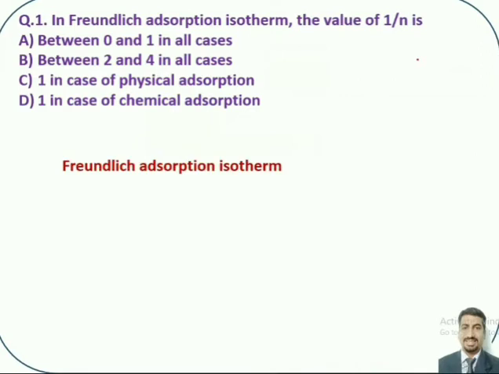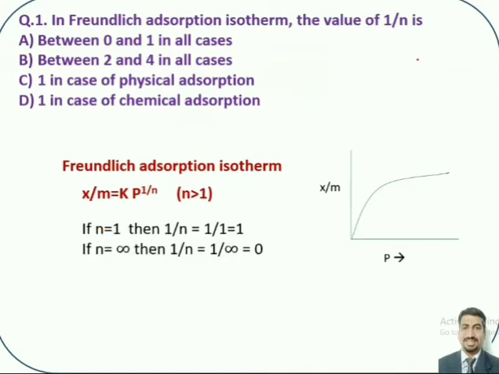So let's see what the Freundlich adsorption isotherm is. The equation is x by m equals k into p raised to 1 by n, for all the values of n greater than 1. You remember this, right? If n is equal to 1, then 1 by n becomes 1 only.